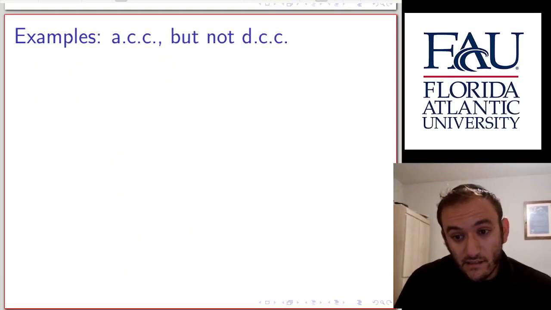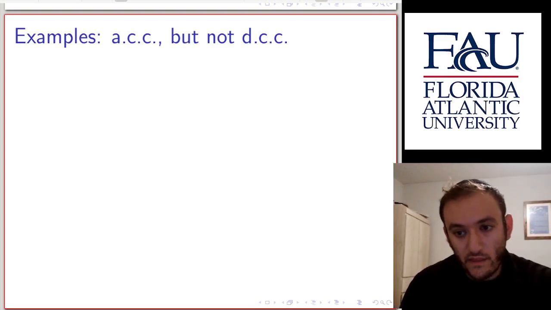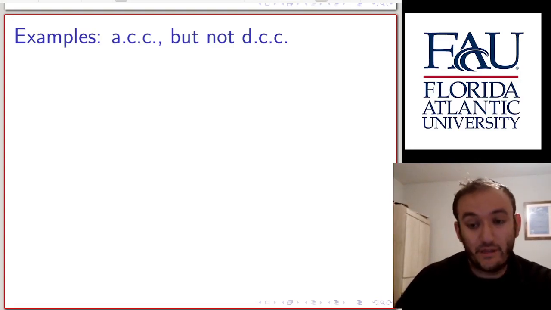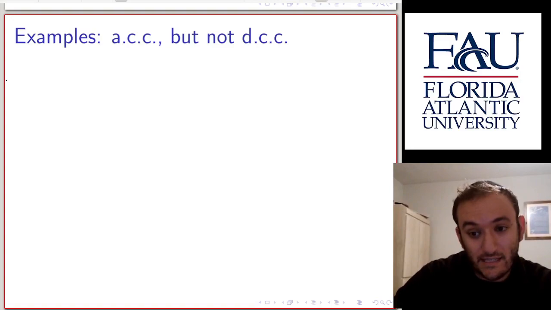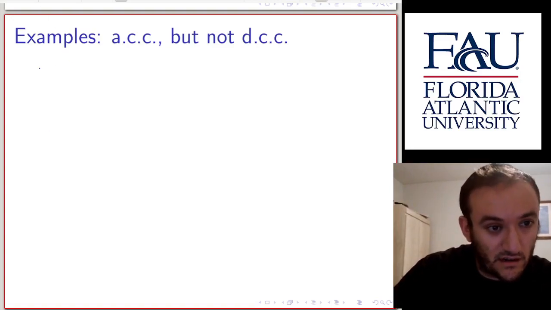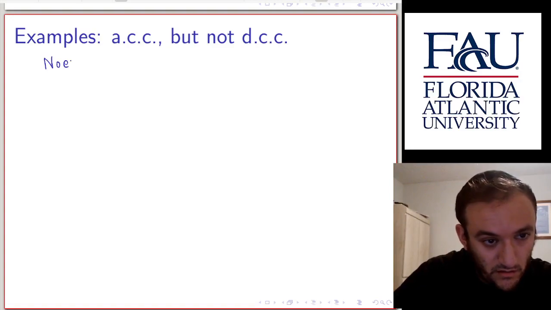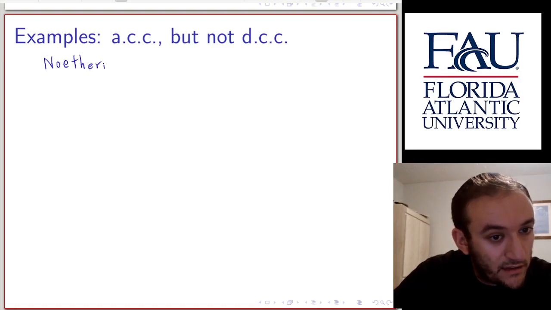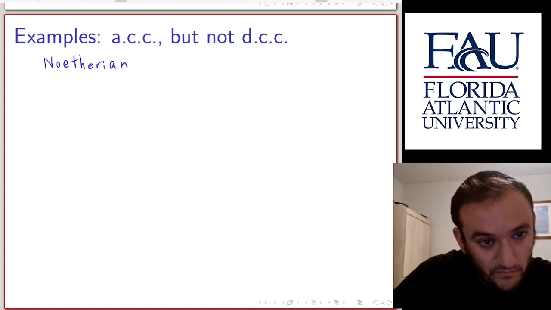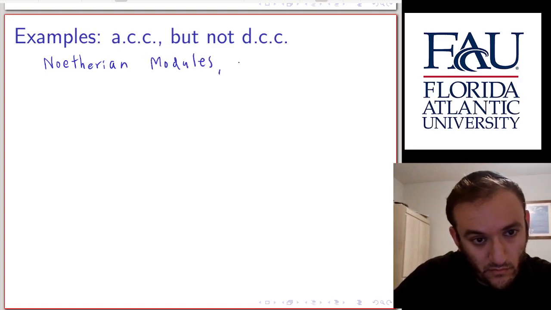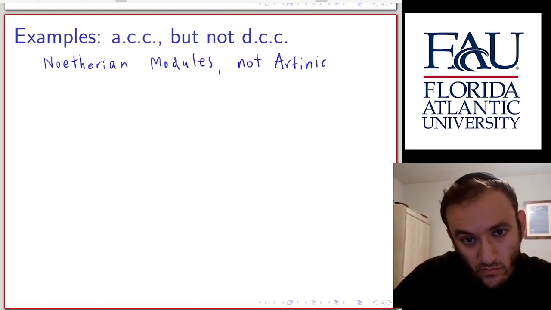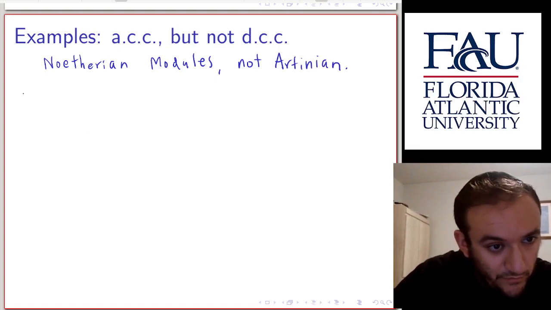Next, we'll discuss some examples where the ascending chain condition is satisfied, but the descending chain condition is not satisfied. In other words, these are modules which are Noetherian but not Artinian. For those, we can look at the integers.